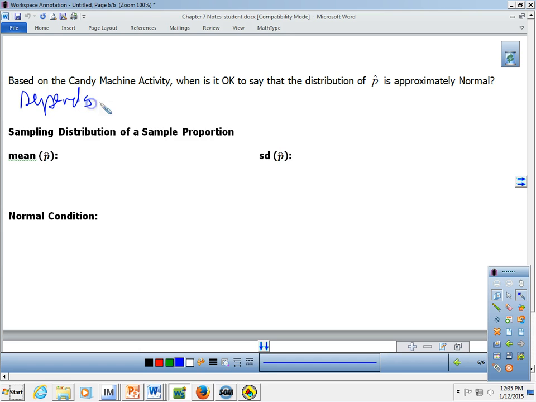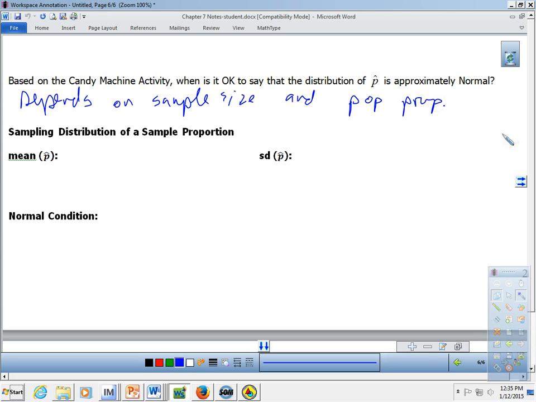And what that depends on is sample size and the population proportion, P. How does it depend on that? Well, based on some trial and error, we've come up with some pretty good rules of thumb. And that's what we get to down here.